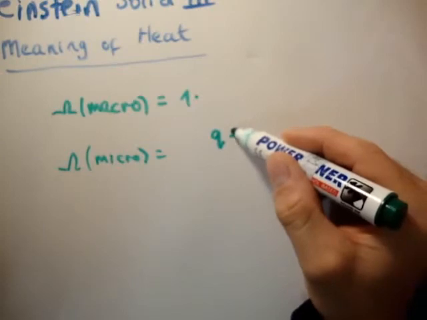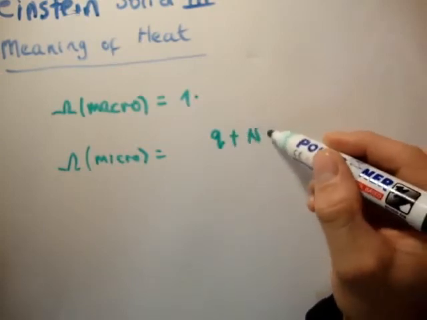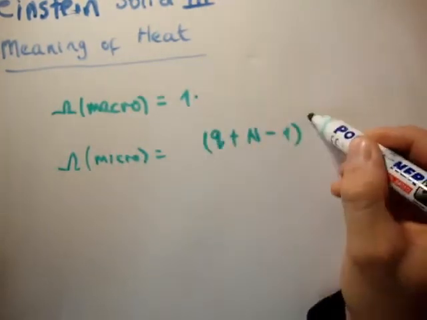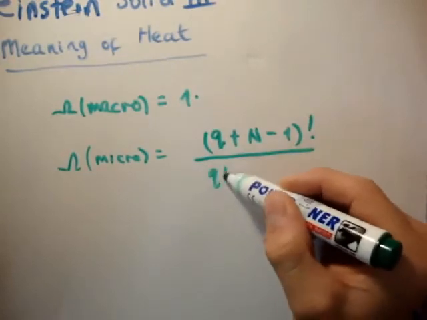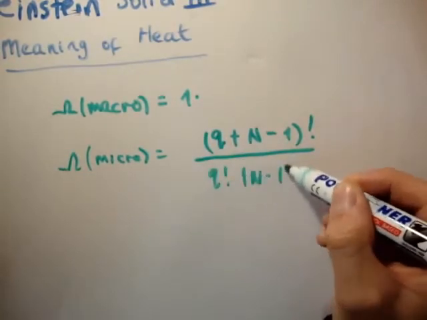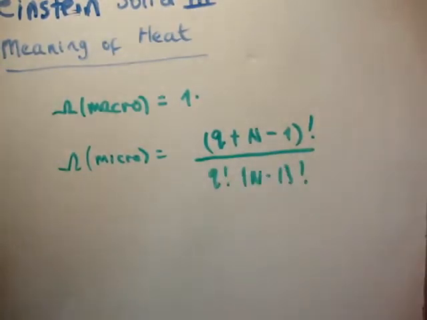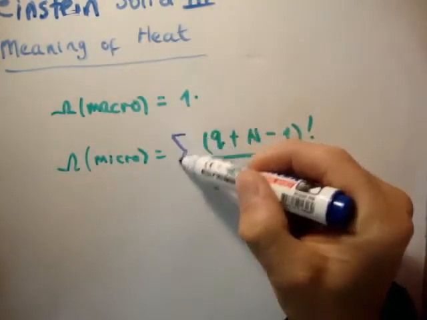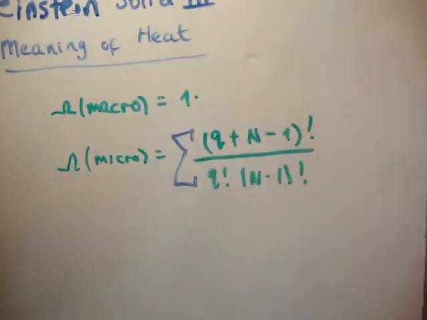Q was the number of units of energy, N was the number of oscillators, so (Q + N - 1) factorial divided by Q factorial and (N - 1) factorial. And this is for the microstates of one particular macrostate. And in order to get all of the microstates, we had to sum over all the macrostates.